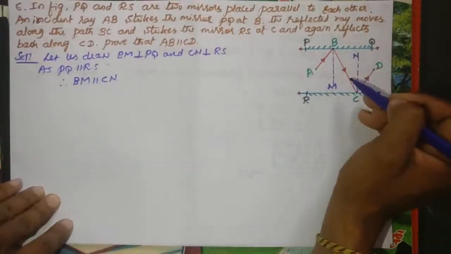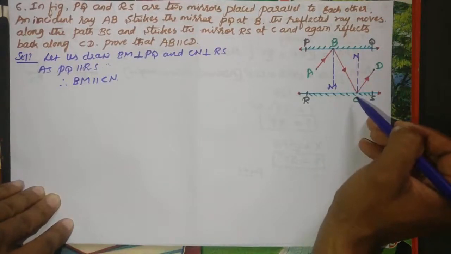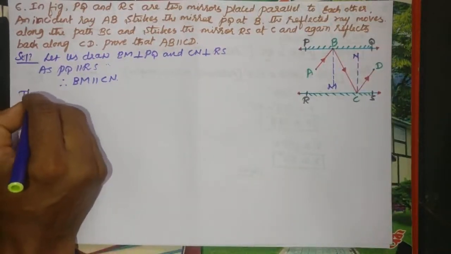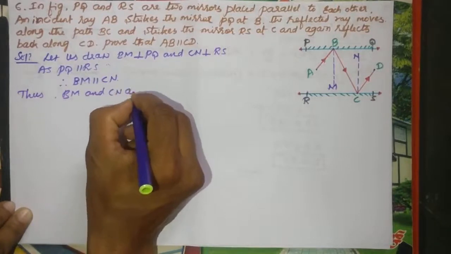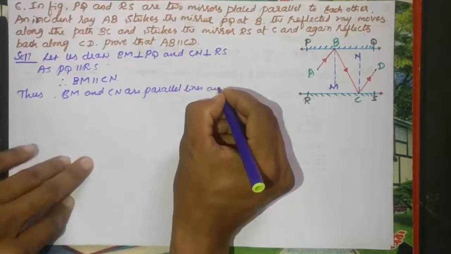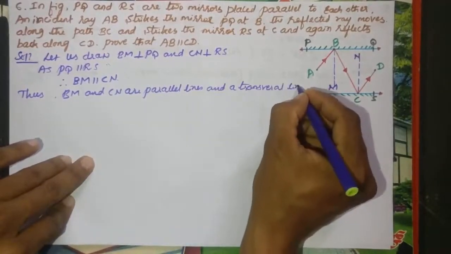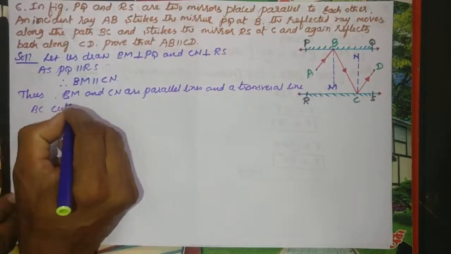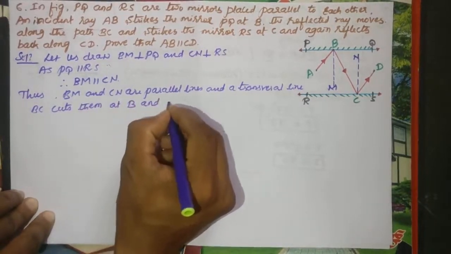Thus, BM and CN are two parallel lines and a transversal line BC cuts them at B and C respectively.